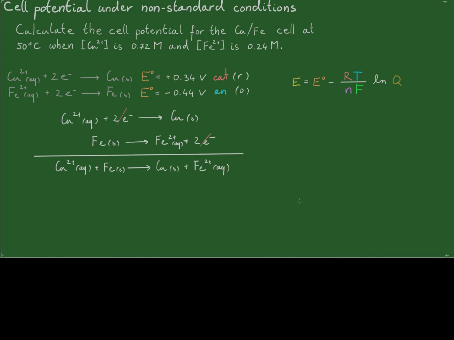What is the next thing we can do? Well, an easy thing that we can do is calculate the cell potential under standard conditions. How do we do that? Well, E naught cell equals the standard reduction potential of the cathode minus the standard reduction potential of the anode.